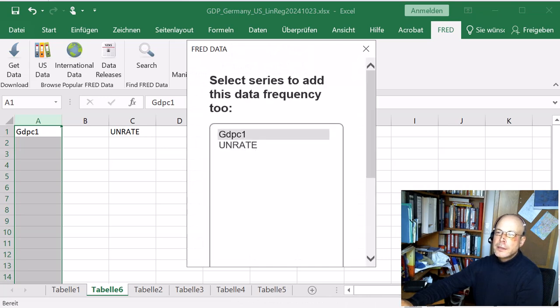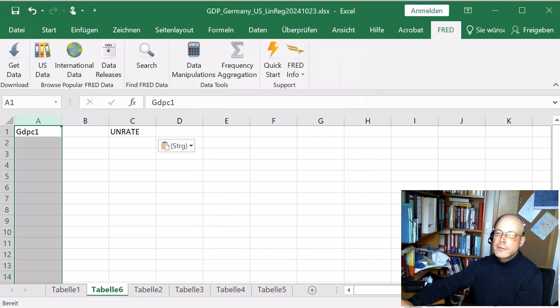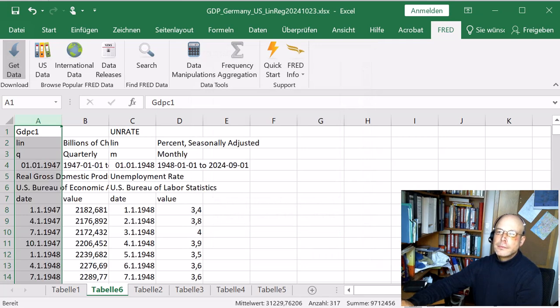Quarterly data, and we want to select all in the list now and add frequencies, and then we can get data. And now we have our data for unemployment rate and real GDP.